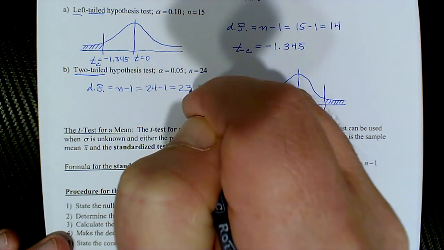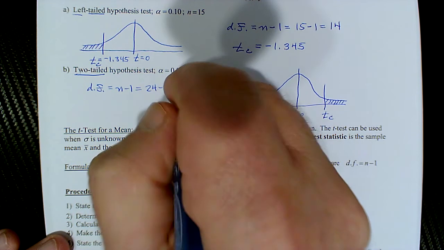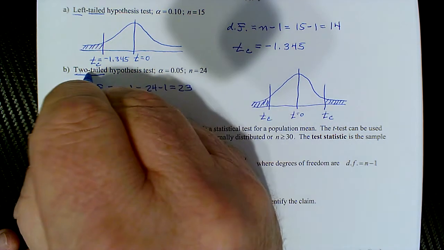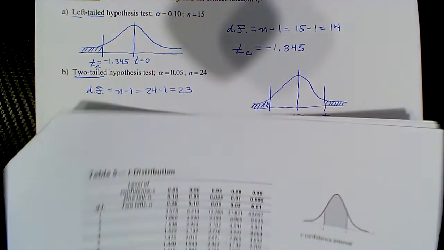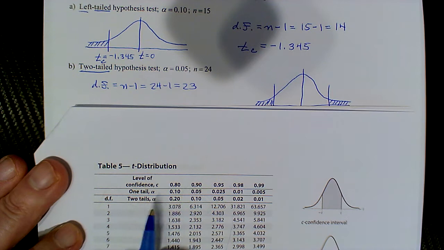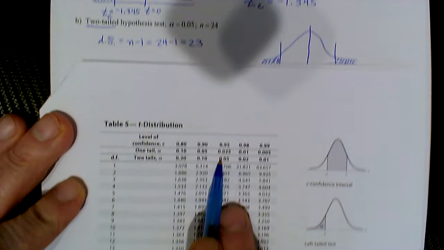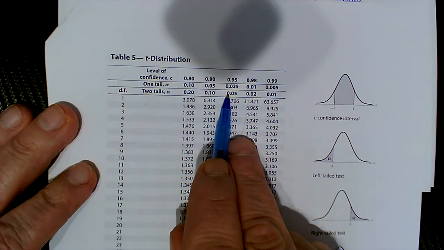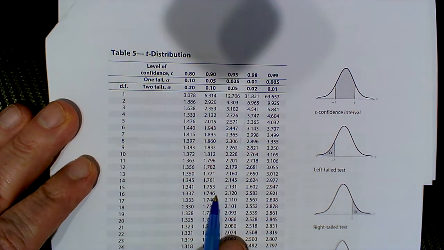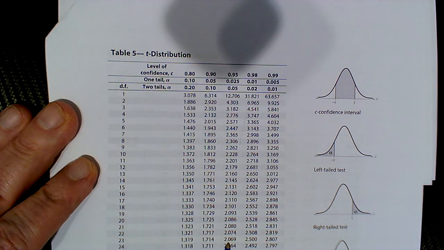We get 23. Then we go to the table. Alpha is 0.05, but it's two-tailed. So in the table, under the two-tailed, 0.05 is the third column over, and we got a degrees of freedom of 23, so let's move down to the 23. It's the third column again, so it looks like 2.069.